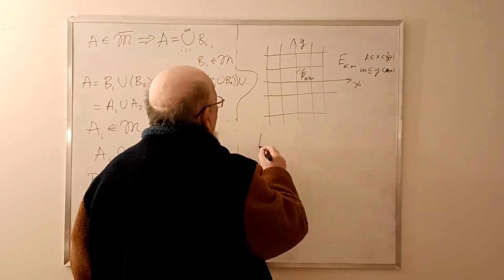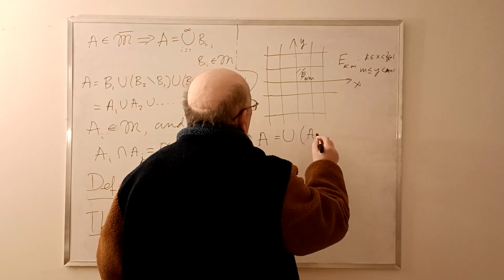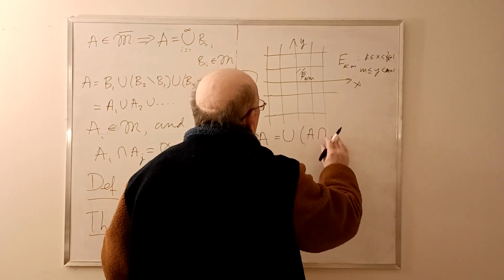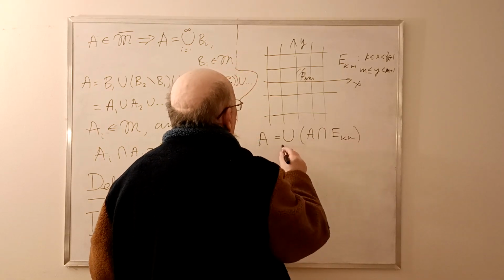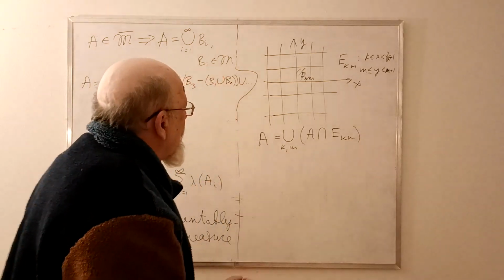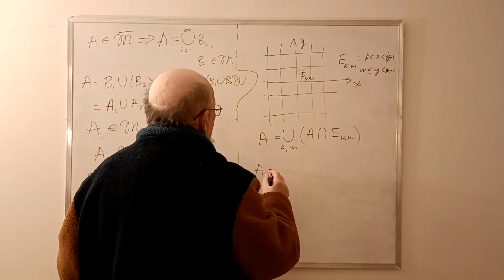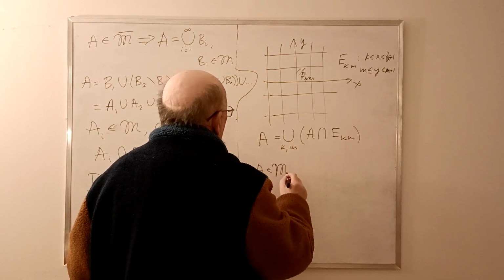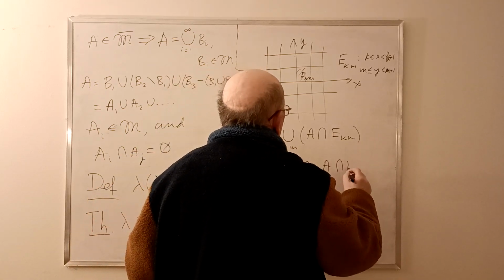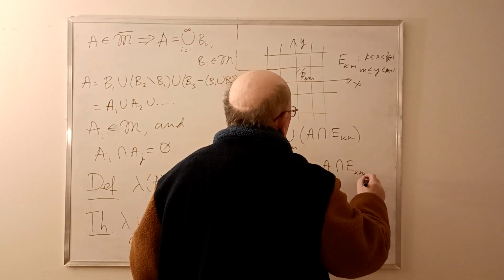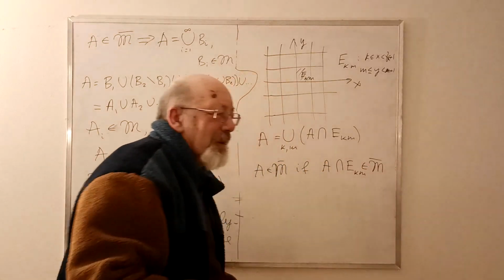And consider A as the union of A intersection with E_km. We say that A is in M bar if A intersection E_km is in M bar in this rectangle.